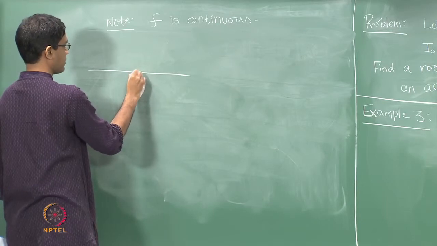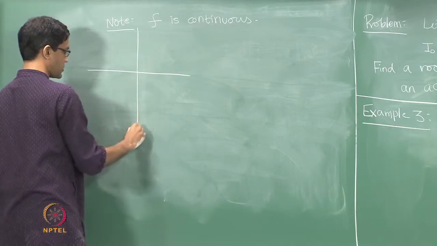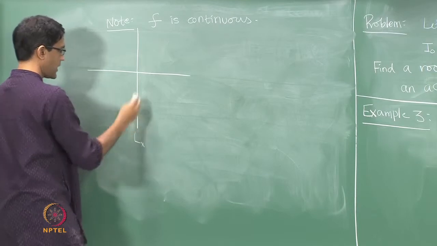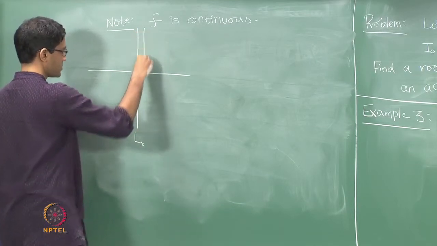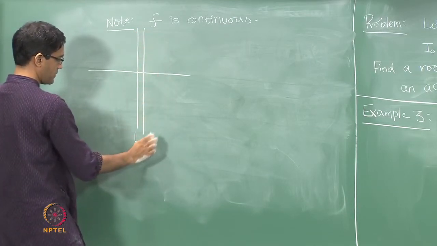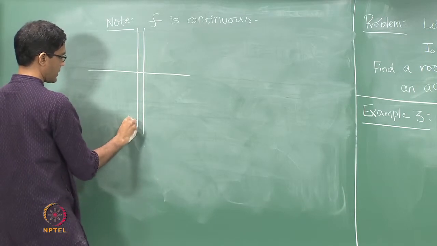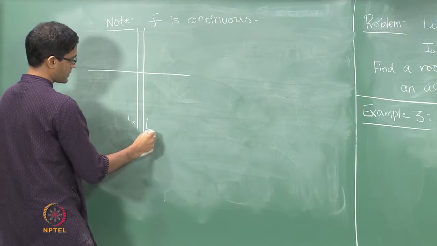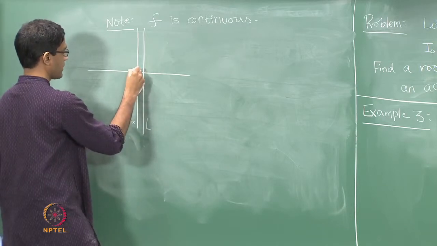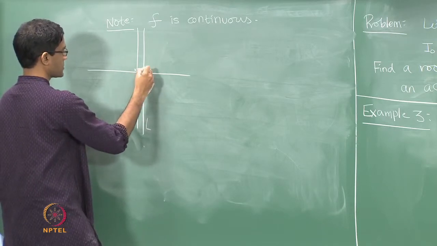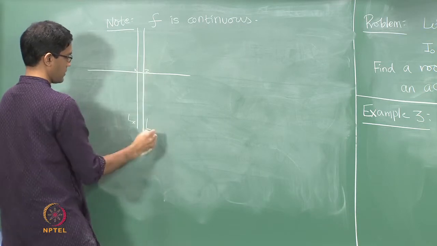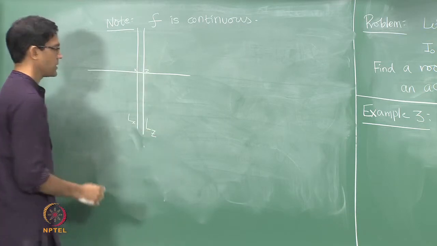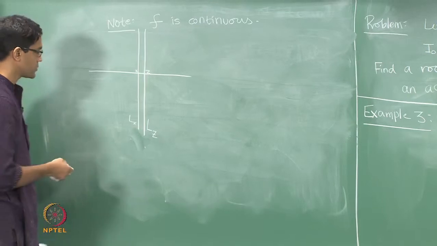So I have some value x, here's the line Lx, and let's say I change x slightly, so I have another line to the right, let's call this value z. So I have a line Lz, and x and z are very near each other.